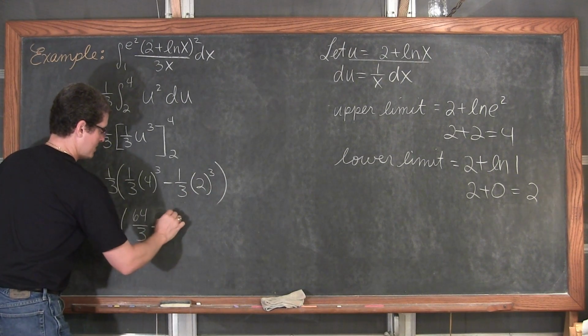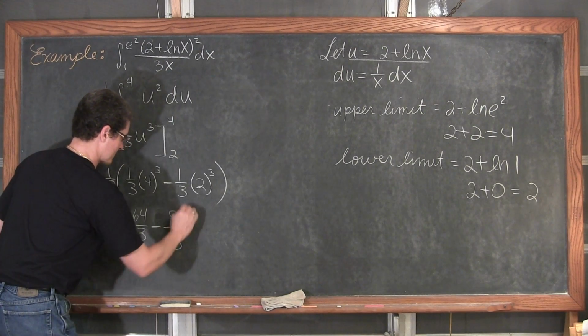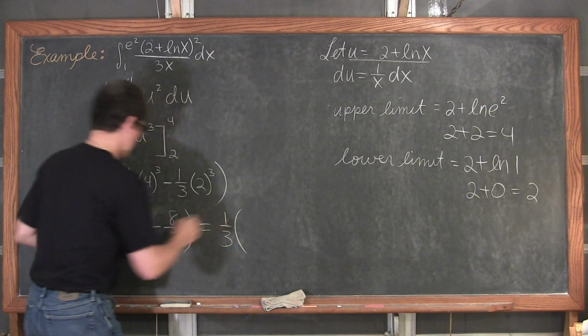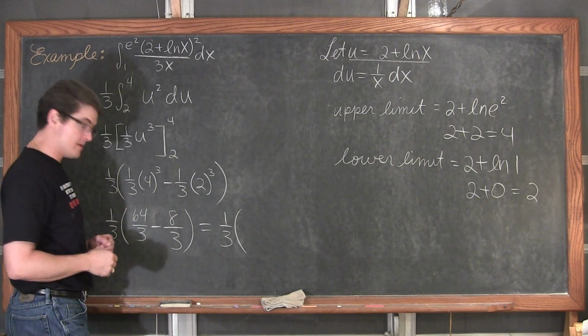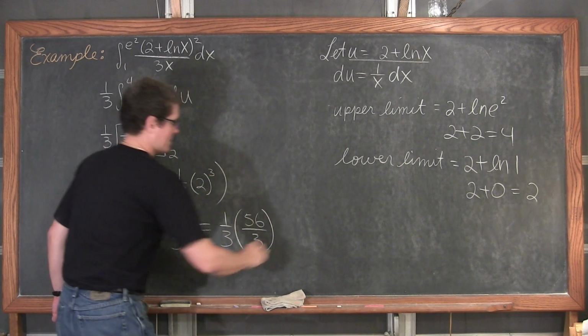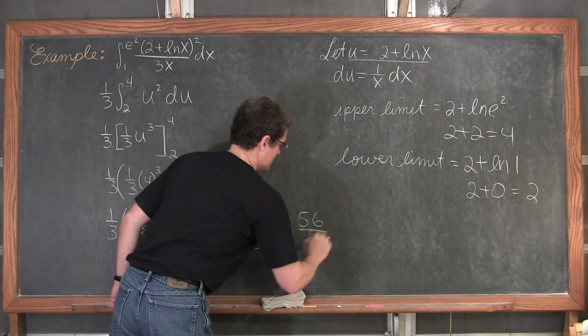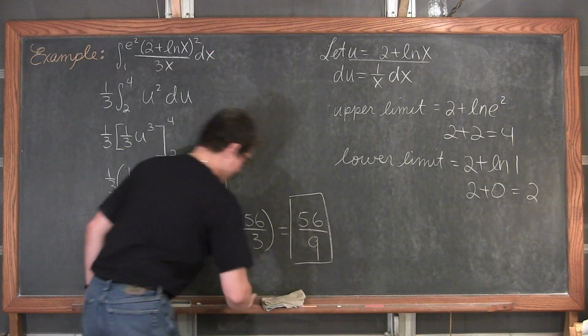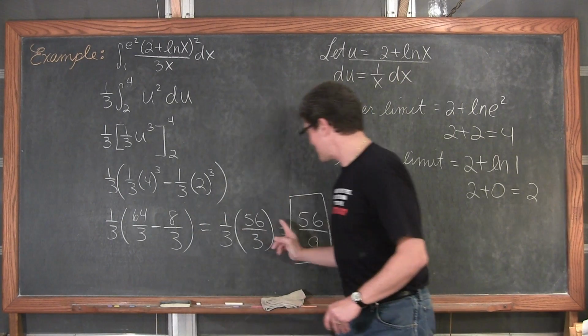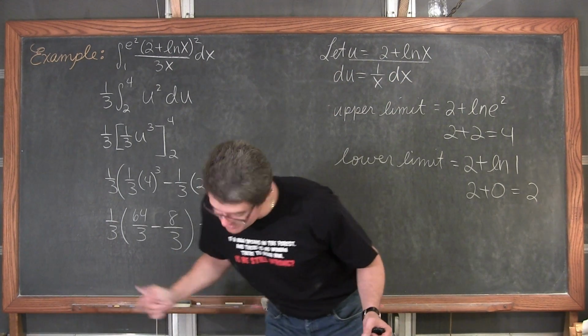Minus 2 cubed is equal to 8 over 3. That is going to be 1/3 times 64 minus 8 is 56 over 3, which comes out to be 56 over 9. Whew, okay, that's my last example. That's my answer, 56 over 9. Let's double check it.